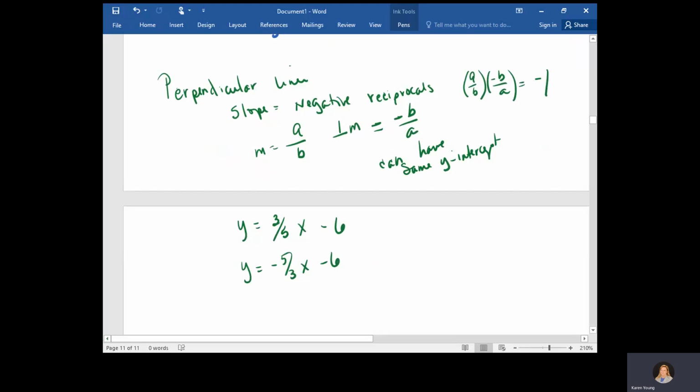But if I look at my slopes, one slope is 3/5 and my other slope is -5/3. Well, it's a negative reciprocal: one's positive, one's negative. If I take 3/5 and flip it to get the reciprocal, it's 5/3. I can also multiply them together: 3/5 times -5/3 gives me -15 over 15, which gives me -1.